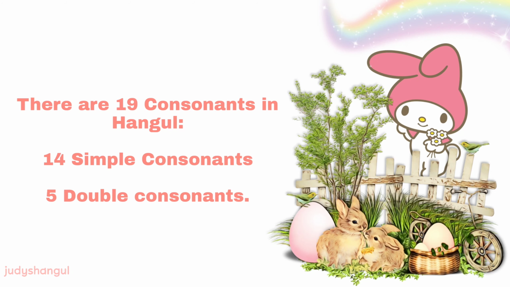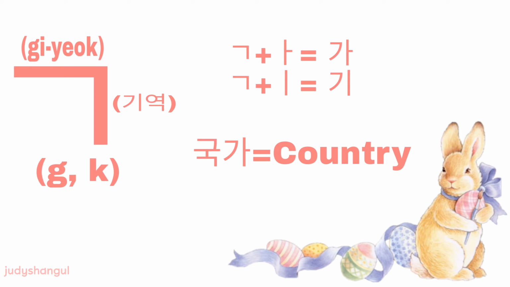Now we will learn 19 consonants in Hangul. There are 14 simple consonants and 5 double consonants in Hangul. 기역. Its pronunciation is like a K or G sound. It sounds more like between K and G. It can't form a sound by itself.